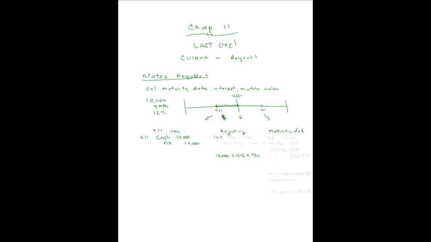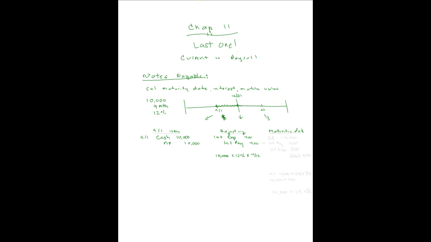We'll have interest expense as one entry and interest payable as the other side of the entry. 10,000 times 12% gives us $1,000 a year, or $100 a month times 4 months equals $400. So interest for the period from September 1st through our calendar year end, or 4 months, is $400.